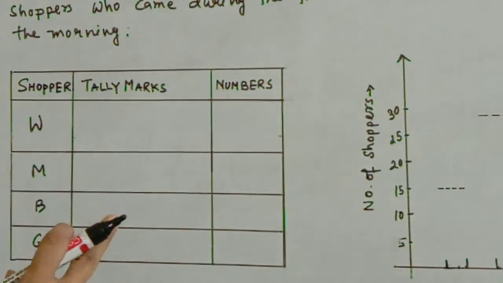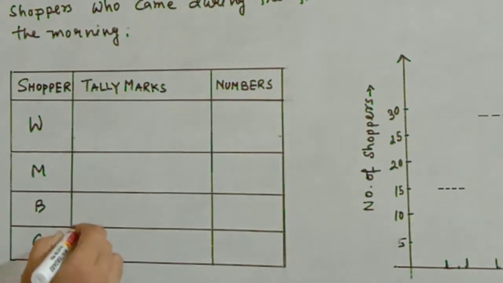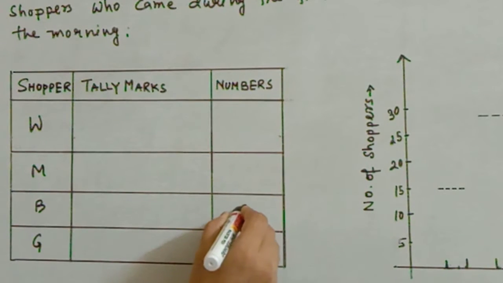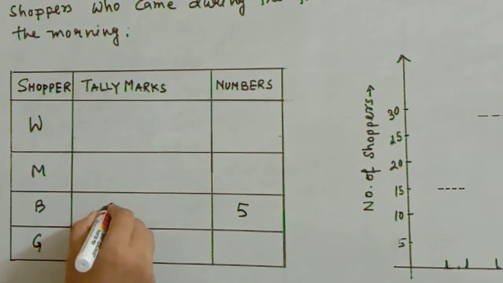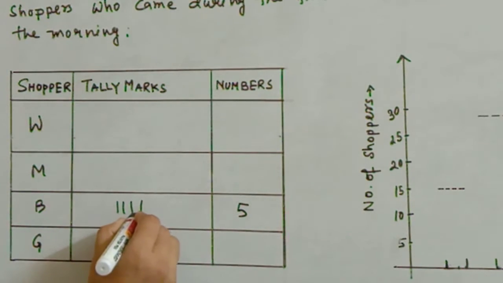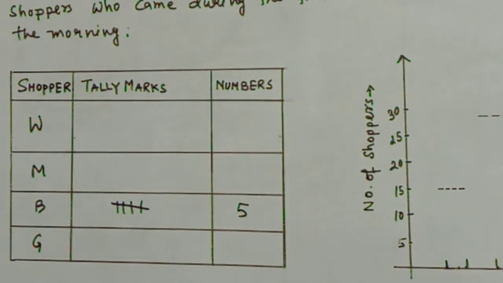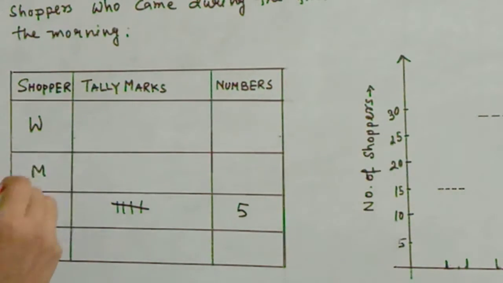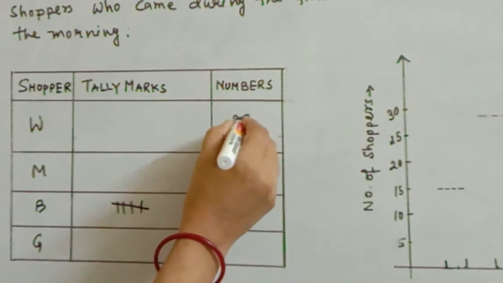Now as you have seen that I have counted how many boys are there, there are 5 boys. So in the tally marks you will do 1, 2, 3, 4 and 5. Now in this way I have counted how many women are there. 28 women are there.